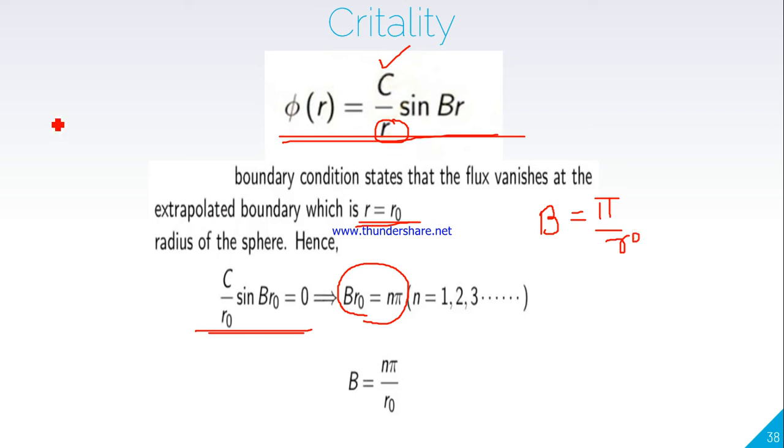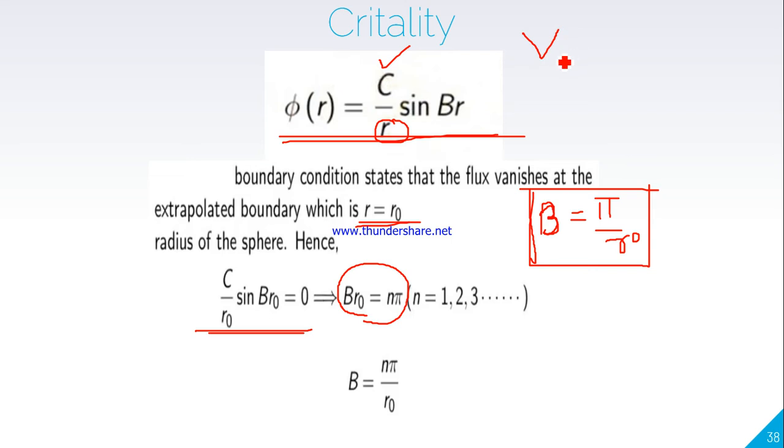Okay. So now the critical volume. Considering the criticality, I have assumed all these things. The boundary conditions are like that, and I have solved for that. So B is equal to this one.